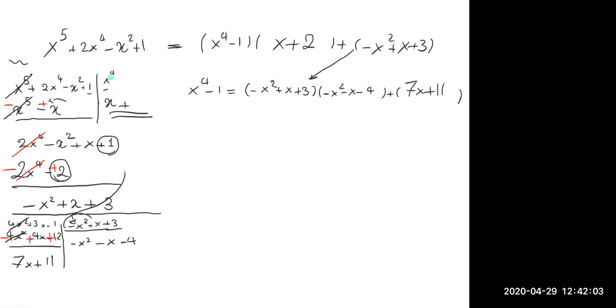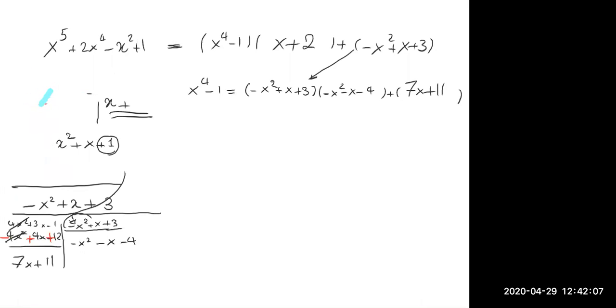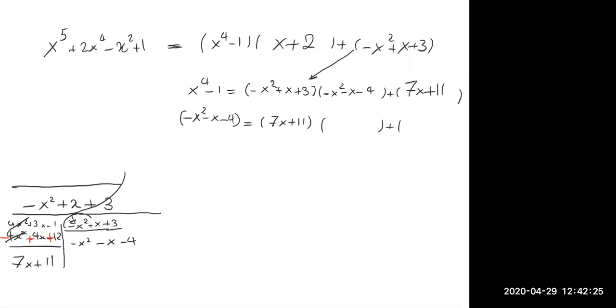Okay, let me erase all these things. Now for the next step, I should divide minus x squared minus x minus 4 by 7x plus 11. I'm going to write it here.